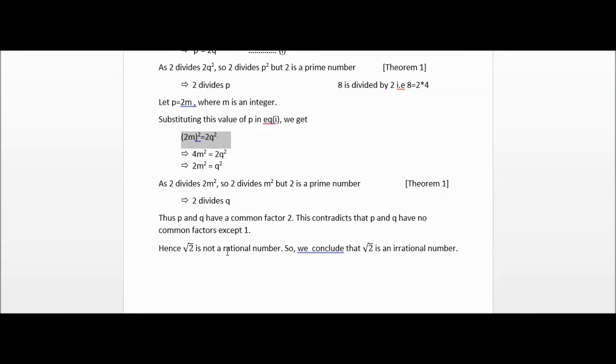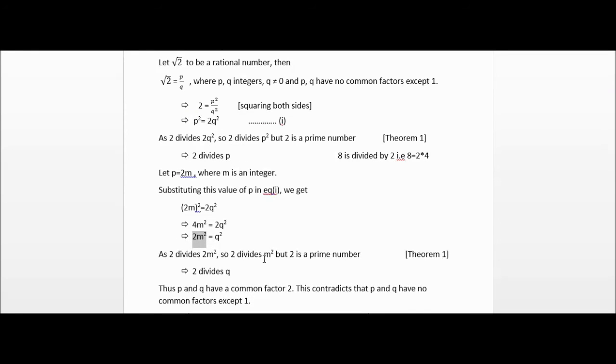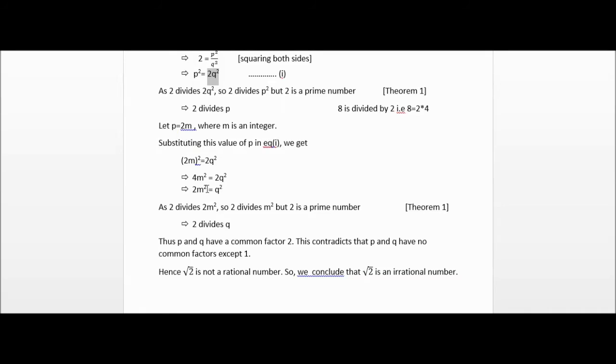Now again that particular term has come, 2m square. Here we have already discussed that 2q square is divided by 2. Similarly, we can also say that 2m square is divided by 2. That means q square is also divided by 2, because these two things are the same: 2m square equal to q square.